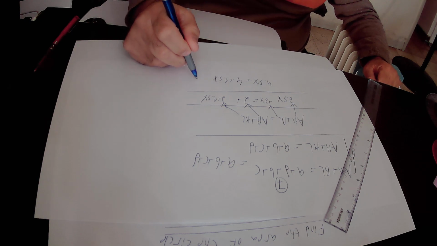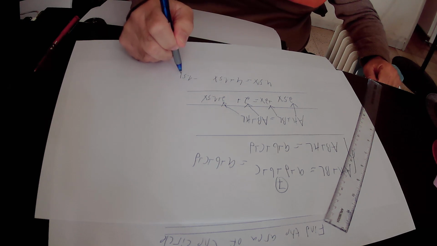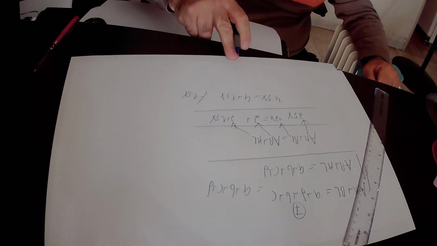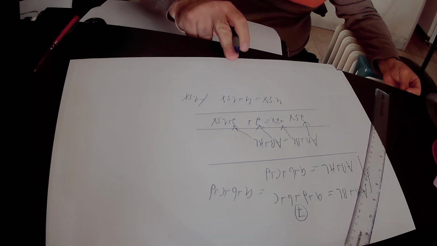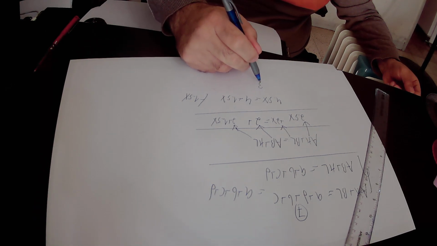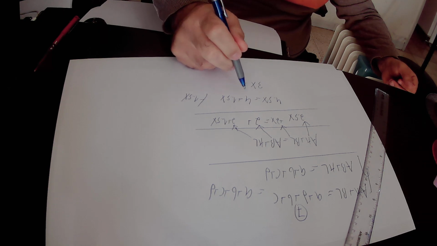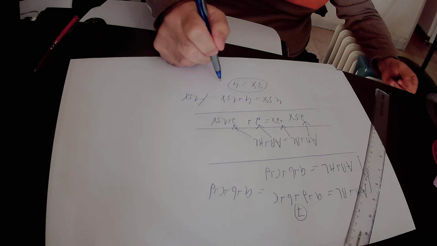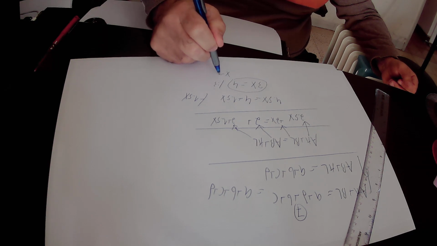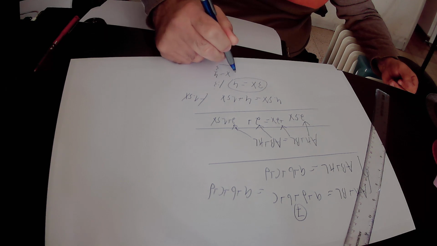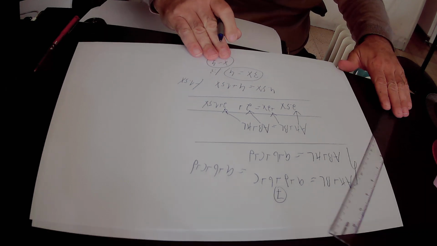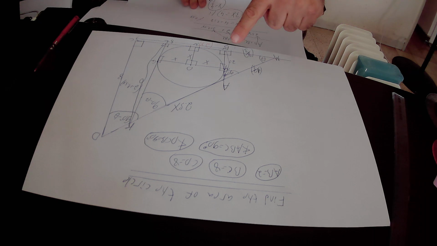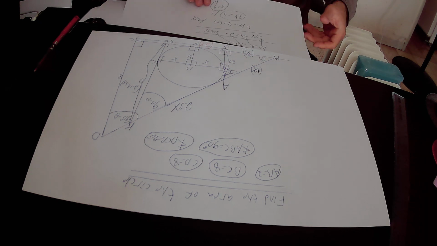Here we subtract 1.5x from this equation, and finally we get that 4.5x minus 1.5x equals 3x, which is equal to 4. 3x equals 4. We'll divide this equation by 3. And finally we get that x equals 4 over 3 units. That is to say, the radius of this circle x equals 4 over 3 units.